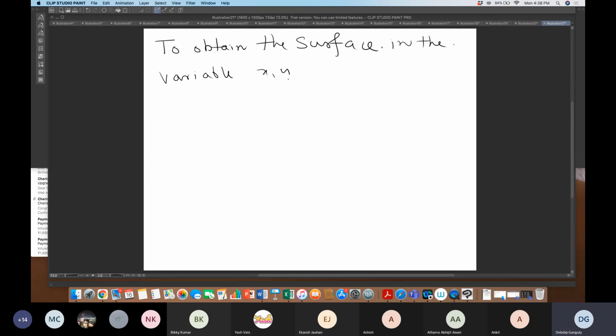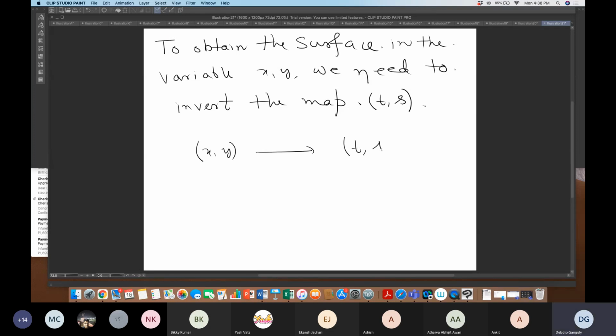In the variables x,y, we need to invert the map. To obtain the surface in the variables x,y, we need to invert the map s,t. So we find x of s,t, y of s,t, z of s,t.